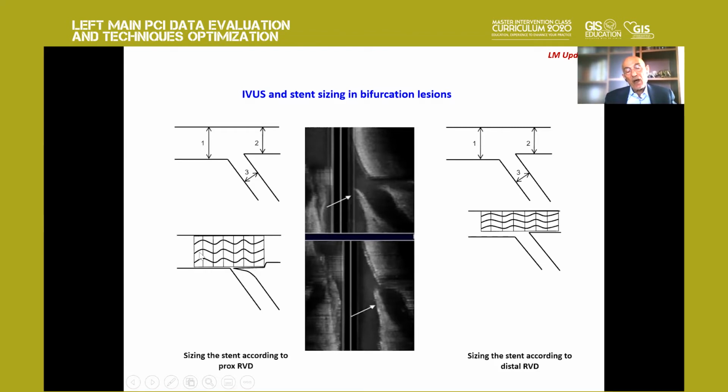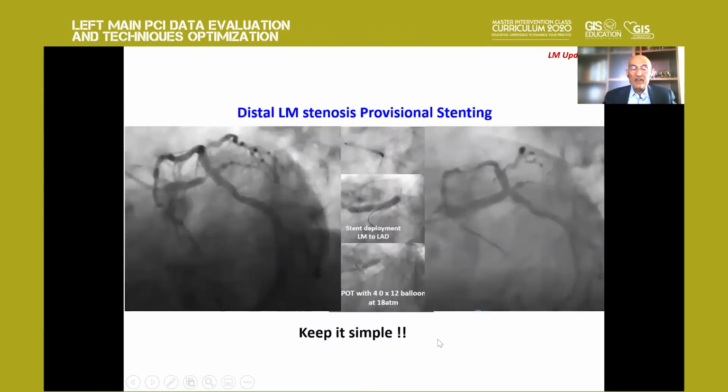If we choose our stent according to the diameter of left main, this might lead to a shifting of the carina, while if we choose it according to the distal main vessel, that means LAD or circumflex, then we can correct the stent position in left main by POT. And this is why POT is very important and should be done every time we are doing left main.